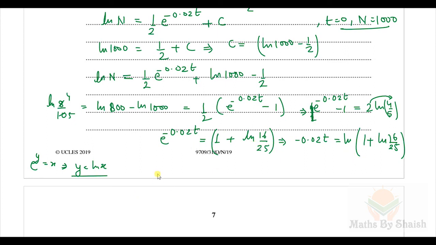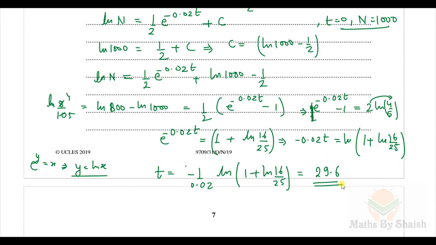So t will be minus 1 upon 0.02 times ln of 1 plus ln 16 over 25. We put these values in the calculator, and the answer is 29.555 and so on. So it can be written as 29.6 seconds.